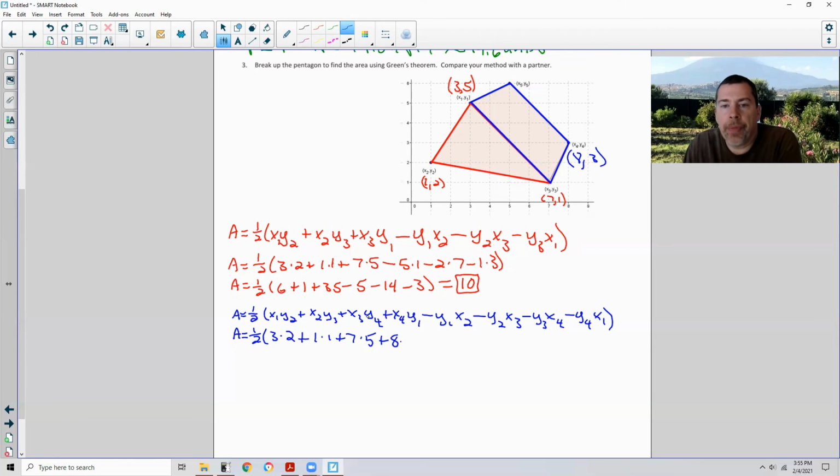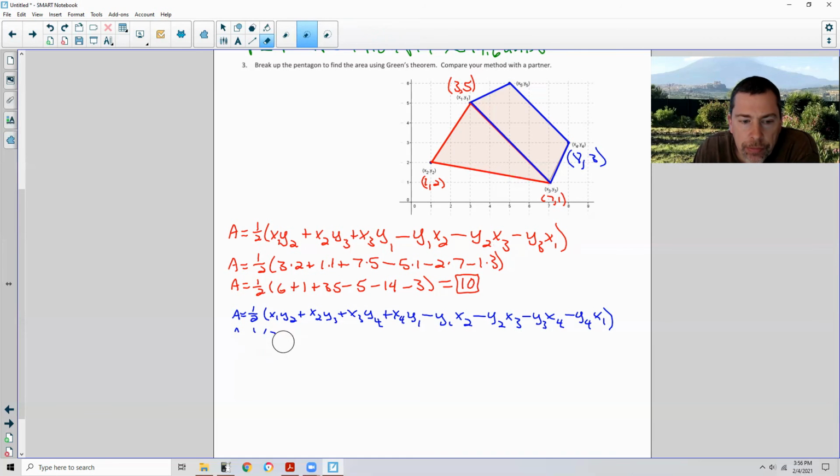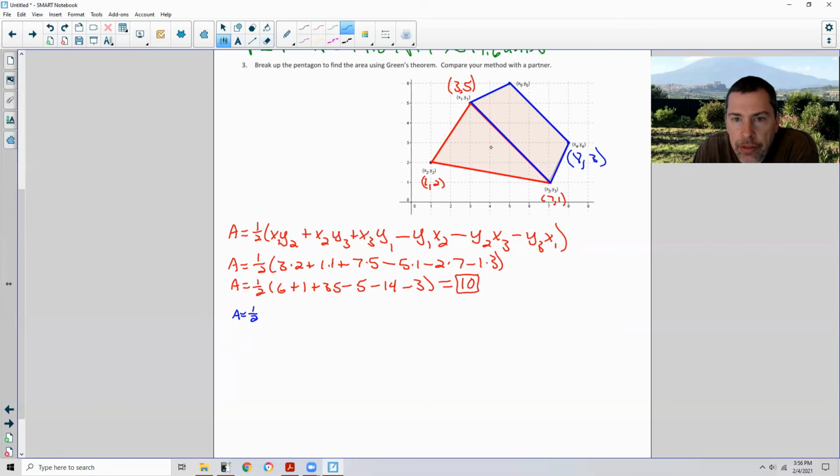Okay, but time out. I need to think about this a second. Okay, I'm done thinking. I have to do this over. I need to begin at a point and go counterclockwise.